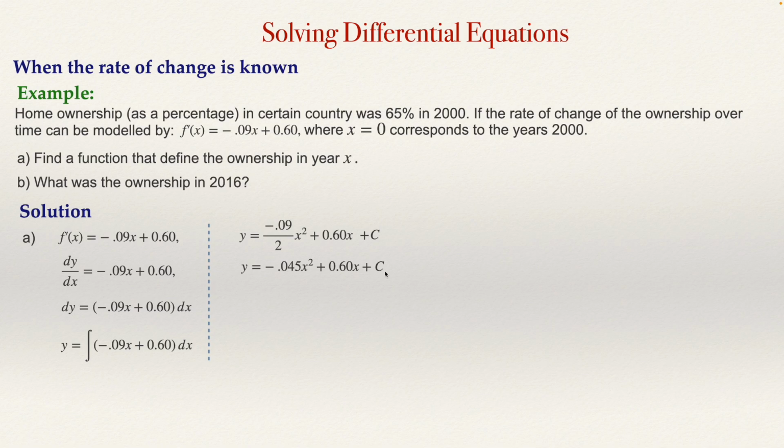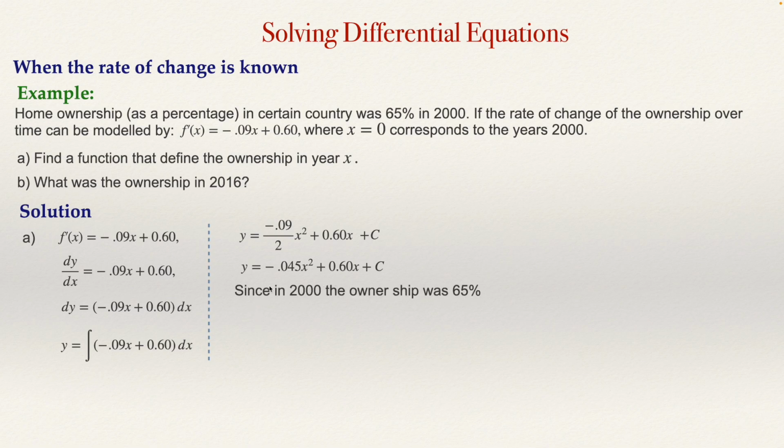Now we need to know the value of c. It's possible to know the value of c because we know the value of y for a special value of x. We know what happened when x equals 0: the value of y equals 65%, since in 2000 the ownership was 65%.